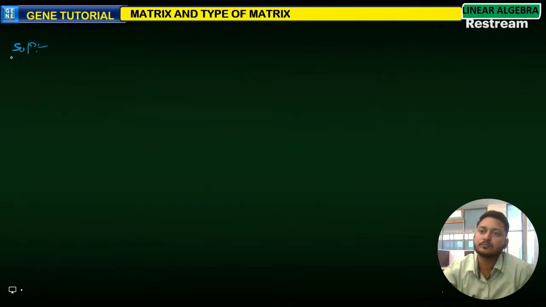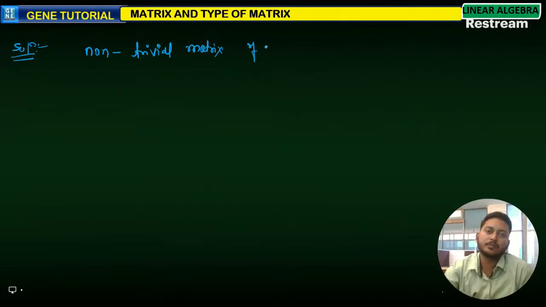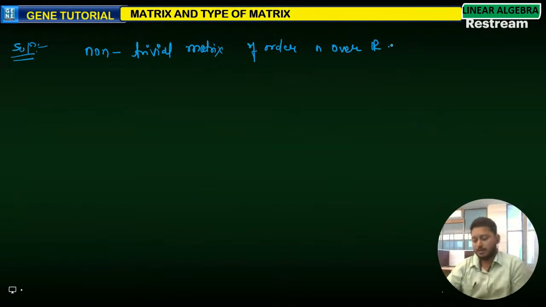Which type of matrix? A non-trivial matrix of order n over R. Let us see the entries, because in a scalar matrix the diagonal entries are the same.